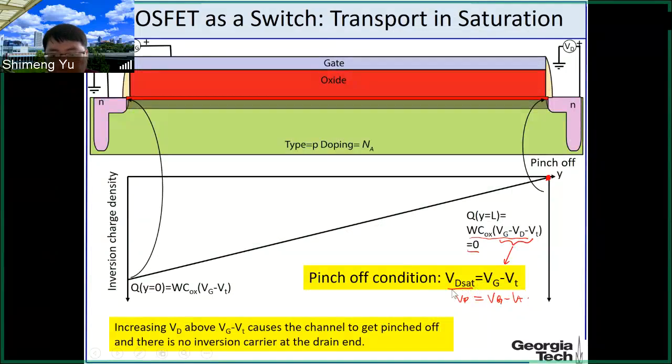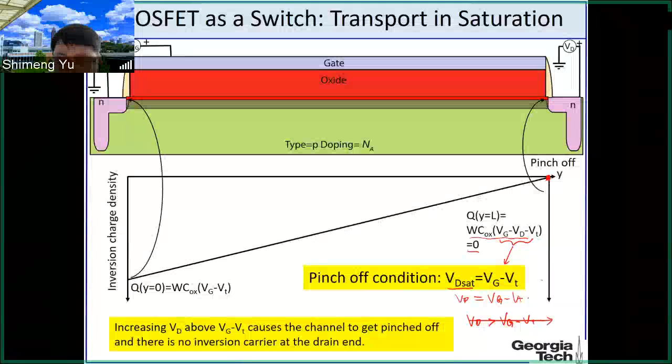So it's the drain voltage before entering the saturation region. Why is this called saturation? When Vd is larger than Vg minus Vt, this is called the saturation. And here we have this turning point, Vd sat.